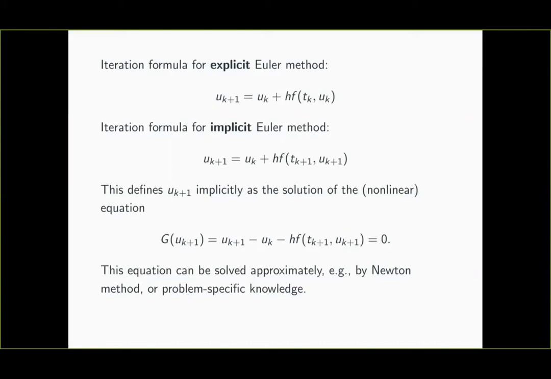This means that every iteration step of the implicit Euler method might need a not quite trivial amount of computation by itself using an internal algorithm, such as the Newton method or the bisection method, or sometimes we need to use our ingenuity to reformulate this problem so that we have an explicit formula for u_{k+1}. This really depends on the concrete problem.